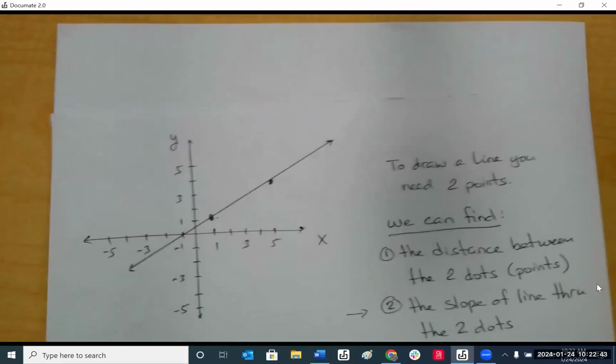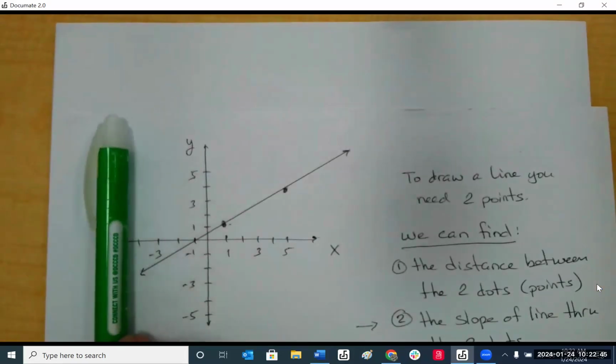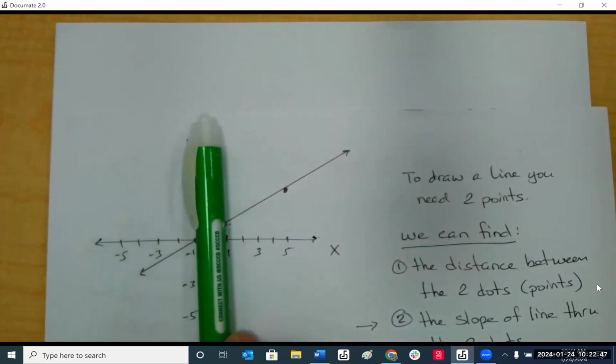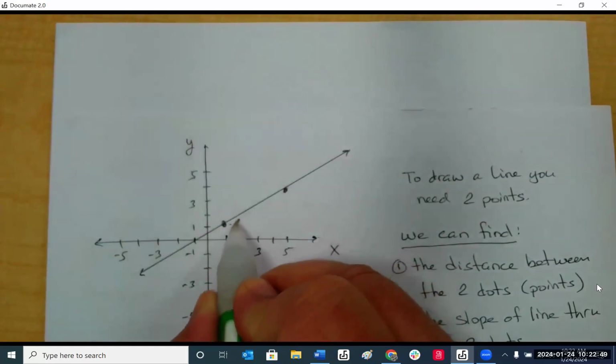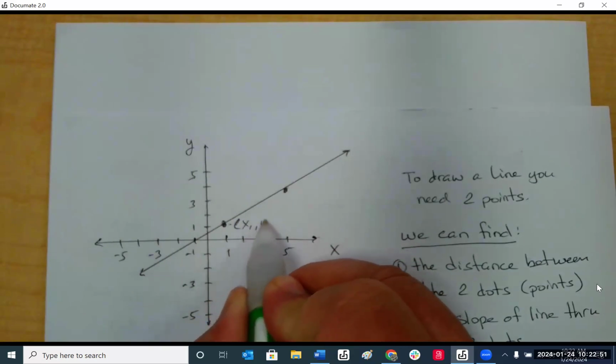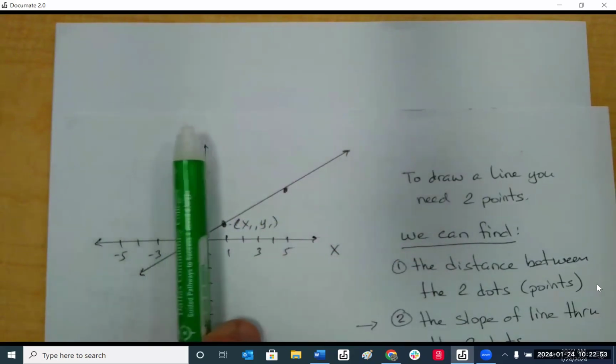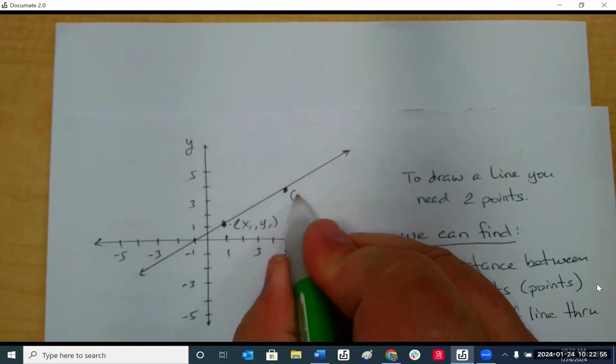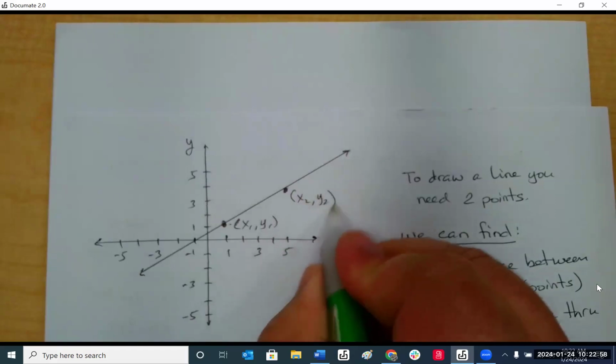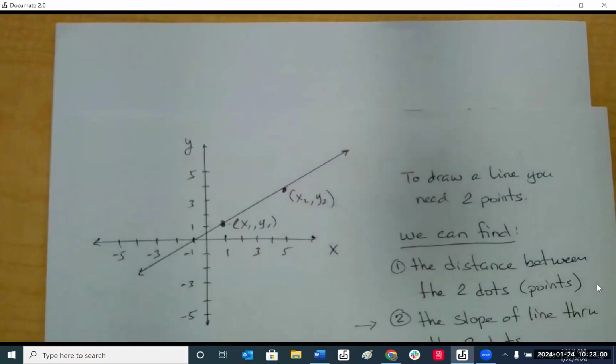For example, here, if I take my pen like this, whatever point I get to first, that's x1, y1. The next point is x2, y2, and so on. So it's as we read left to right.